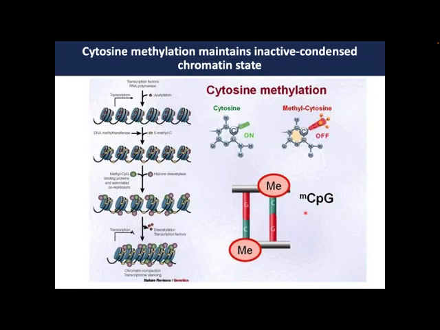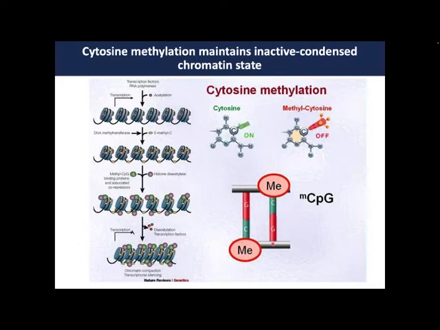DNA methylation frequently occurs in a specific DNA sequence, CpG, cytosine-phosphate-guanine. This CpG term is coined to prevent confusion with the CG hydrogen pair between two different strands.